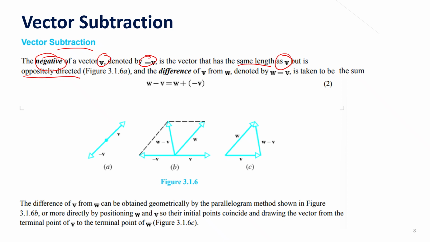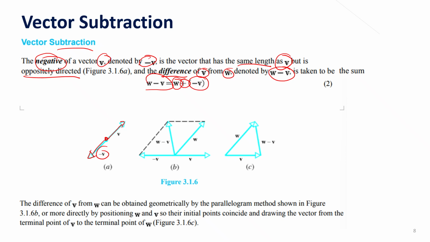So when you calculate the difference of v from w, we denote it like this. It's basically w plus negative v. So first is this one, the concept of v. The minus v will be the vector with the same length but the opposite direction.